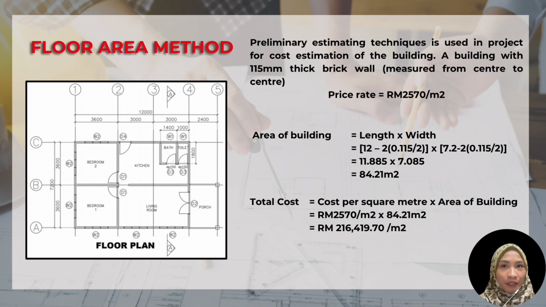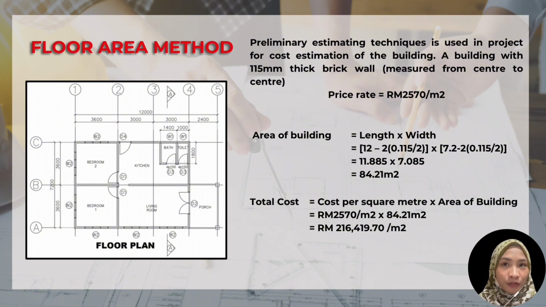The length of the plan, which is 12 meters, we minus the thickness of the brick wall divided by 2 and times by 2, and multiply by the width of the plan, which is 7.2 meters, doing the same as the 12 meters. We get the area of the building as 84.21 square meters.